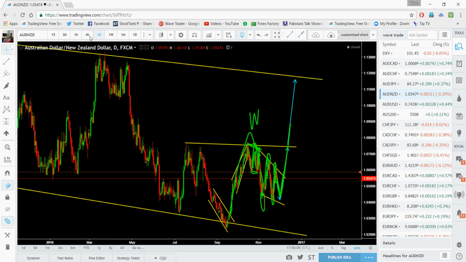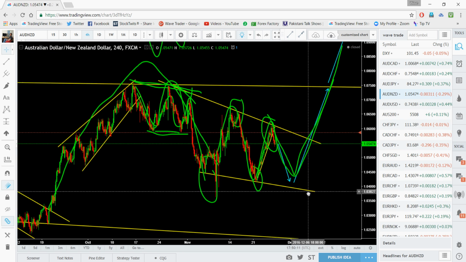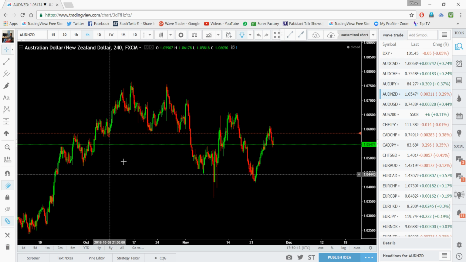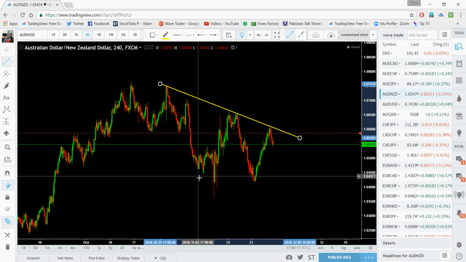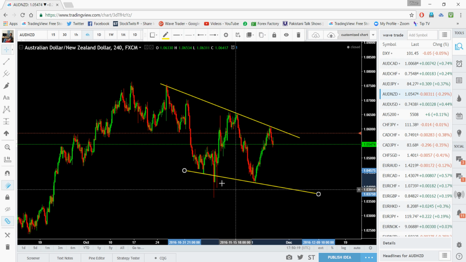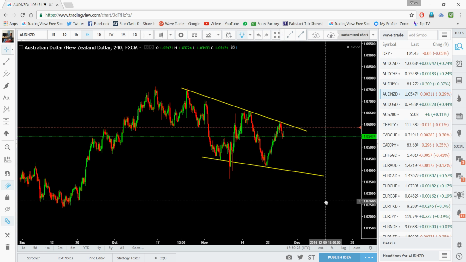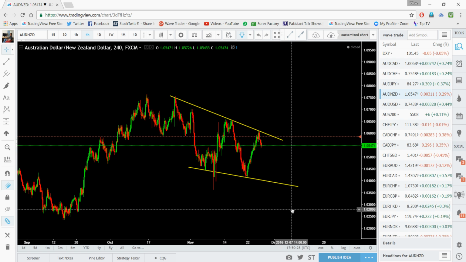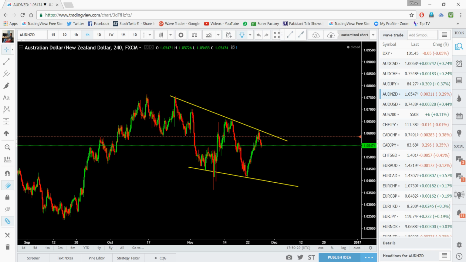If we look at the lower time frame on this pattern, you can see that it is forming something like a trend continuation pattern, something like a triangle. Price can come up to this.